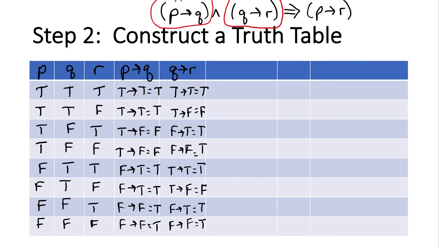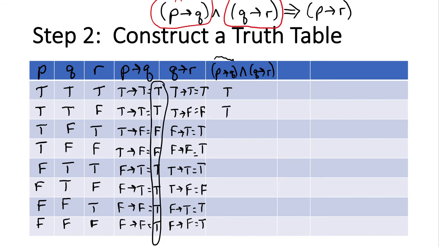Okay, so the next thing that we need to do is put those together to form the entire left-hand side. So I'm going to do P arrow Q, the and symbol, and Q arrow R. And again, we'll do some copying. So for P arrow Q, we're going to copy the answers that we got right here. So true, true, false, false, true, true, true, true.